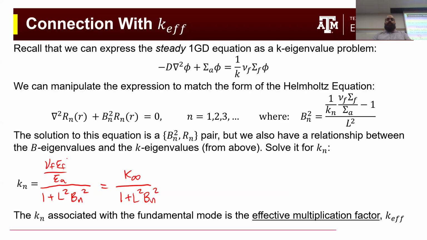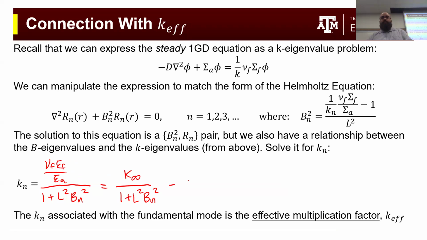I could have also taken this original definition and multiplied top and bottom by sigma a so that this sigma a cancels. This becomes sigma a. This becomes L squared times sigma a, which I can rearrange to be expressed in terms of the diffusion coefficient.